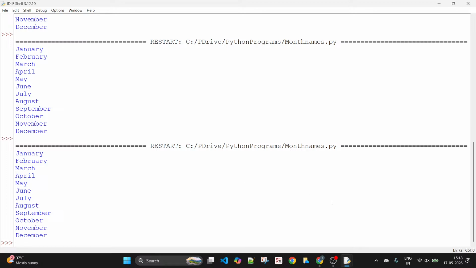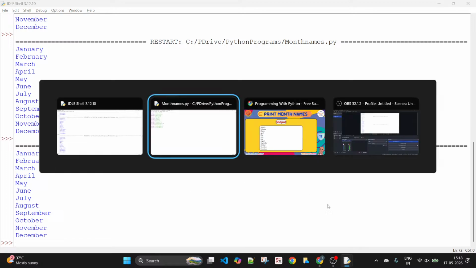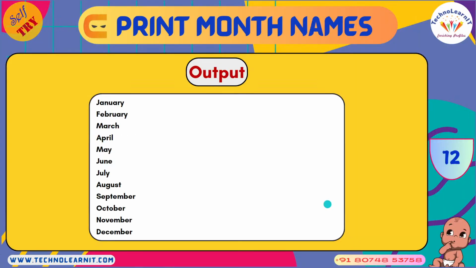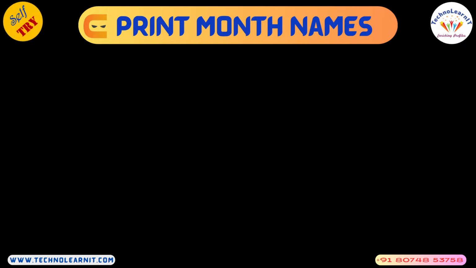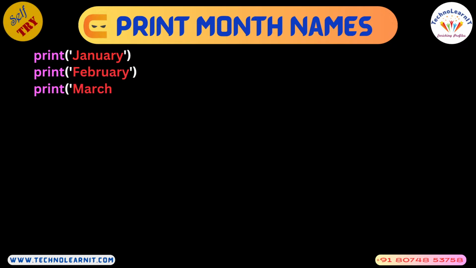All right, let's move on to the next part of the program. So as you can see here, you need to write 12 statements to produce 12 lines of output for this, right? So have a look at it. The very first statement, as you have seen, and the same trend repeats 12 times, right?